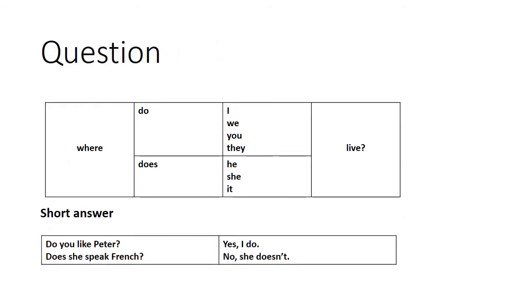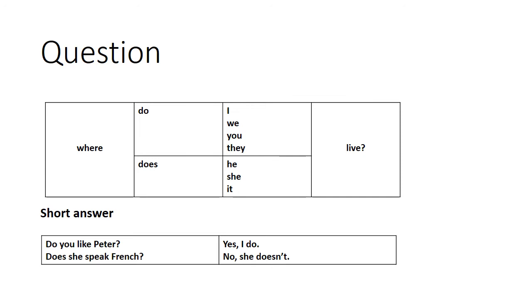If I want to make a question from the sentence in the present simple, we begin with where, which is a question word, plus do or does, and then plus the subject plus the verb, and after that a question mark.